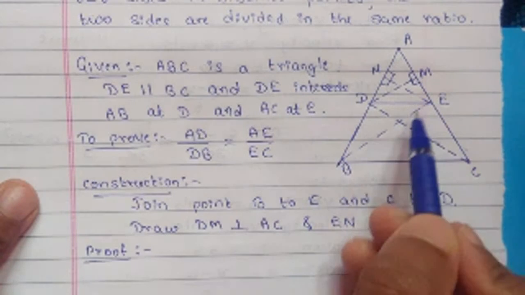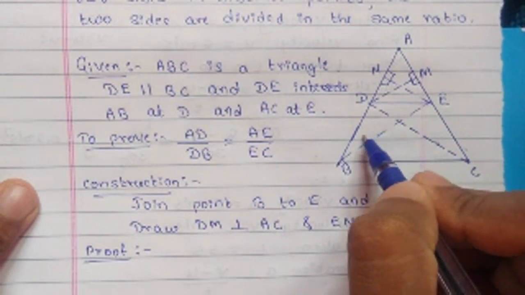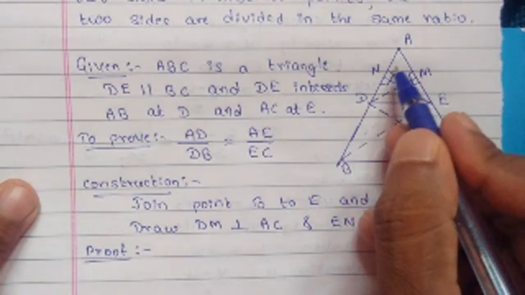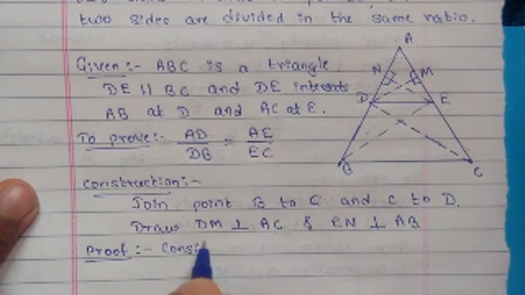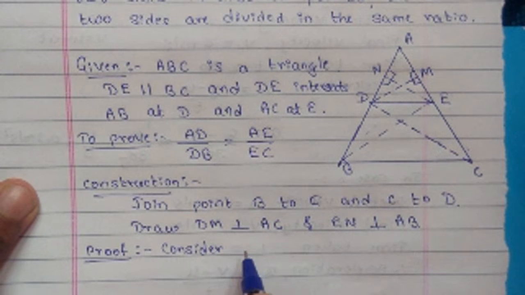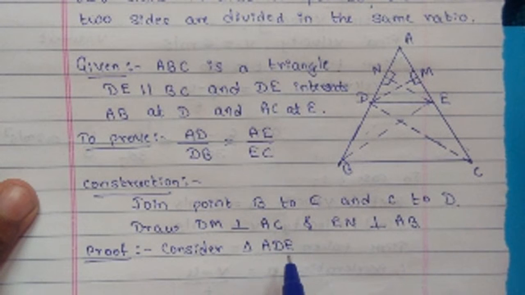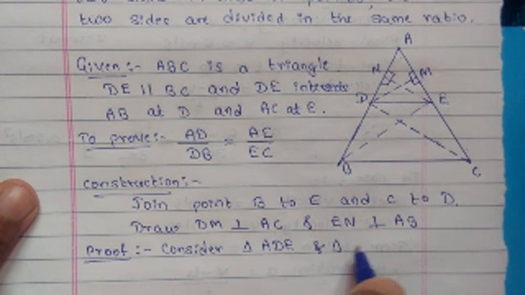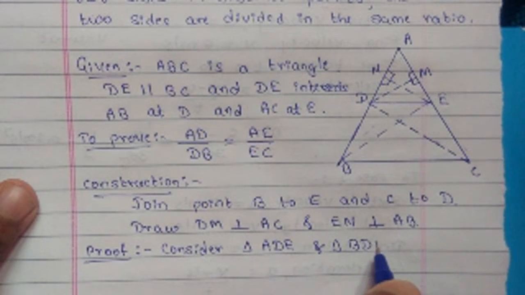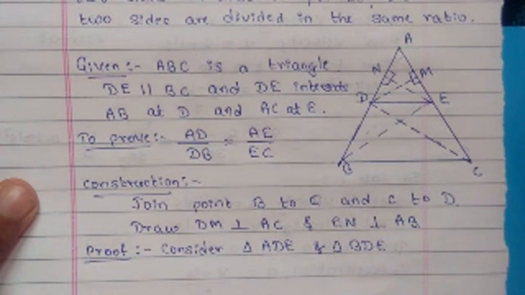Okay, these are the two triangles here. Now I will consider this triangle and this triangle. Consider triangle ADE and triangle BDE. Okay, so I consider two triangles.